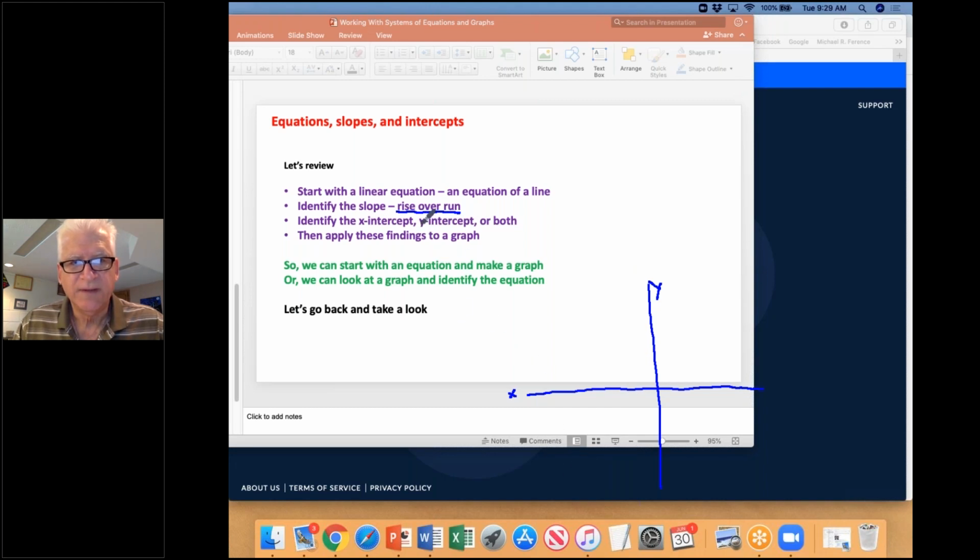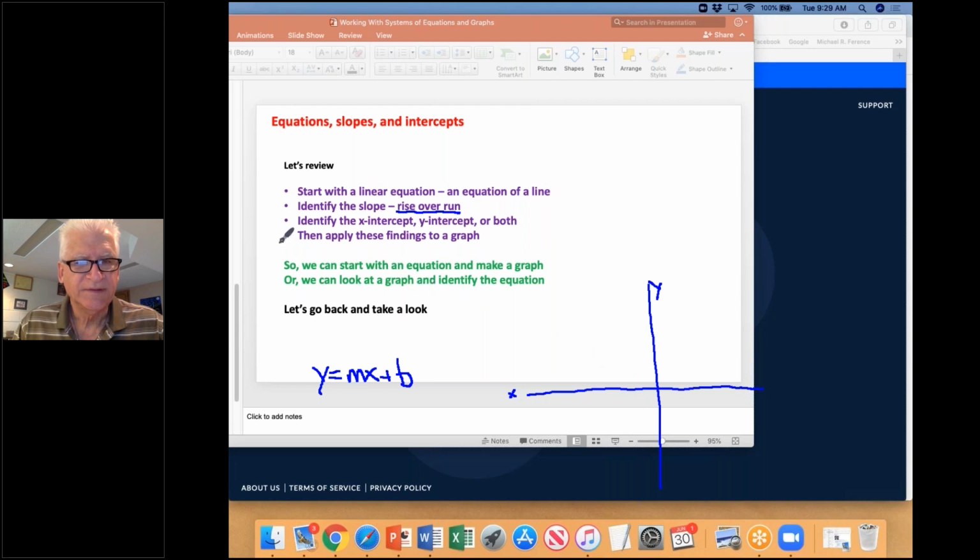And when you know the y-intercept, that becomes part of the equation, y equals mx plus b. And b is your y-intercept. So b is the point where the graph crosses the y-axis.